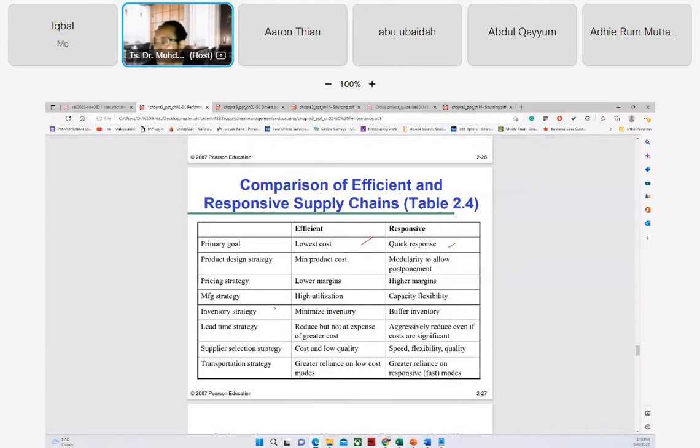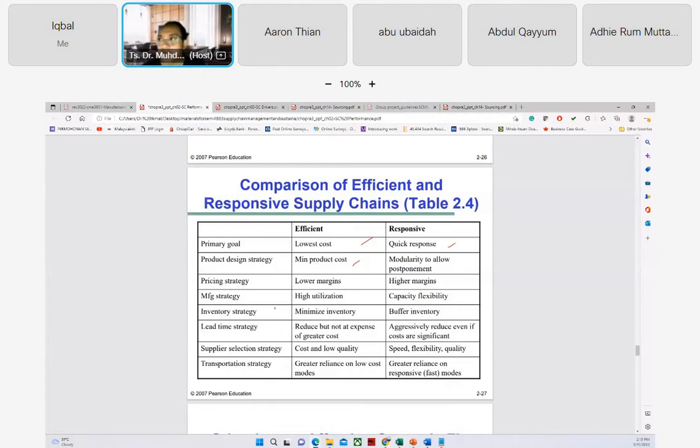That's straightforward in meaning. And then for product design strategy, you use a minimum product cost. And this one is modularity to allow postponement. So you have a modular concept, in a way that you want to respond to your customer.